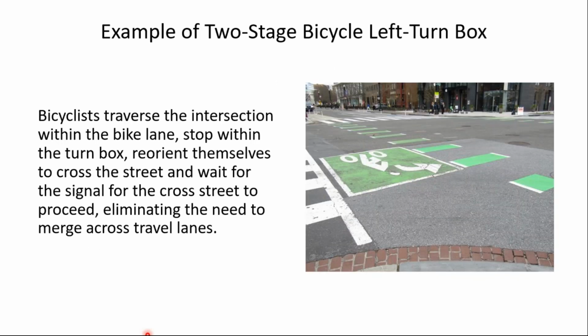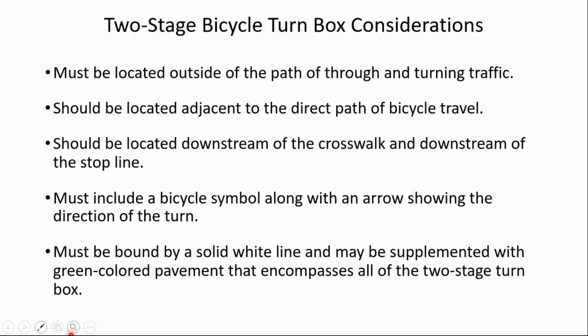If you allow me to back up here, notice not very far downstream, but it is just that. Here's the crosswalk. And so the two-stage bike box is just downstream of the crosswalk. Must include a bike symbol along with an arrow showing the direction of turn. So in the two-stage bike box, that symbol must be included. Recall it's optional in the bicycle box.